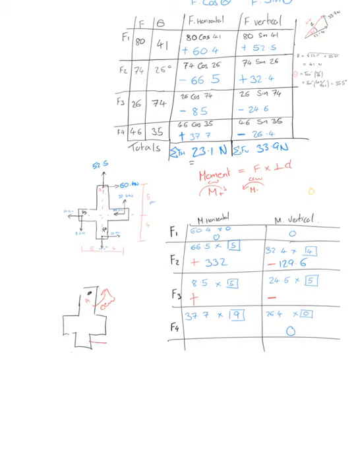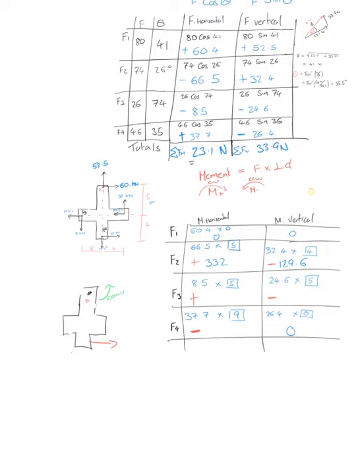F4 horizontal is here. I want to ignore everything else that was going on previously. So if that was my shape, pinned to the wall at A, that would make this object want to twist this way, counterclockwise again. So F4 is going to do a negative horizontal moment.